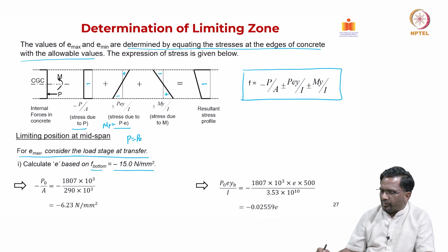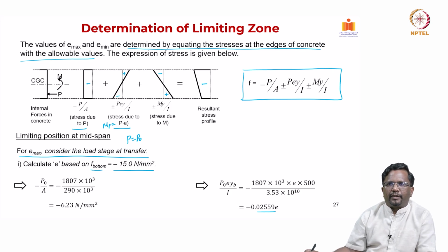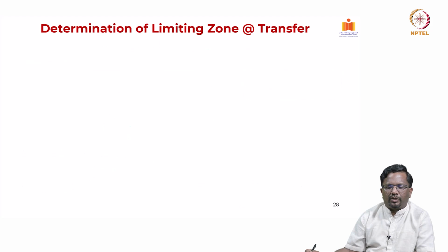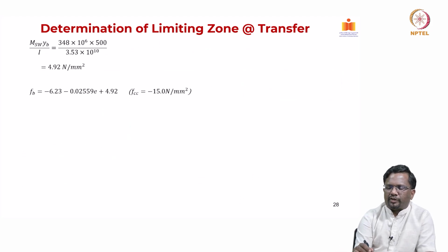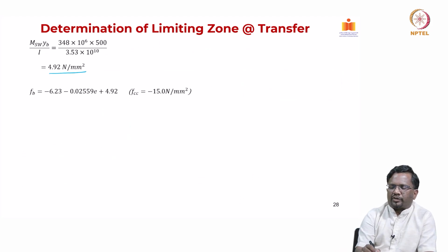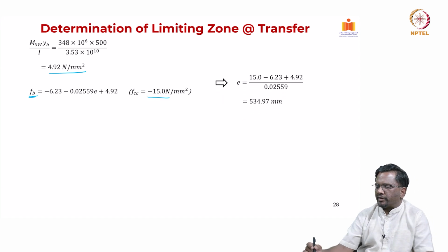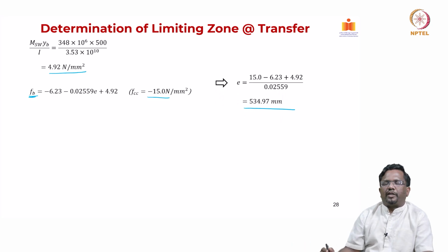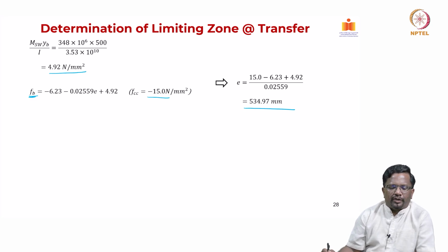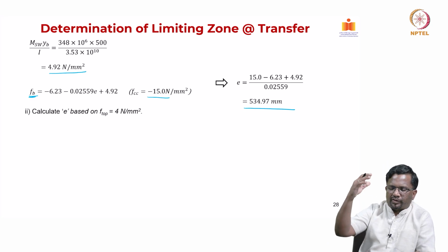Then P naught into E into YB by I, where E is what we are trying to calculate, so you put it in terms of E. The next one is the self weight moment, which is 4.92 megapascal. The stress at the bottom is going to be compression, which should be equal to 15 megapascal. When I put it in, I get my eccentricity as 535 millimeter. This is the maximum eccentricity possible so that the C will always be within the kern.